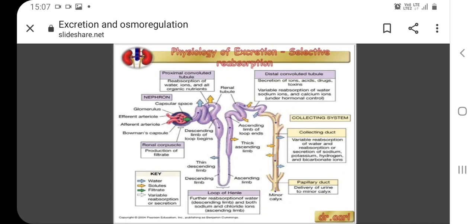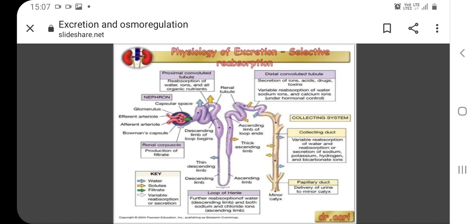The proximal convoluted tubule also adjusts the blood pH by selectively secreting ammonia into the filtrate, where it reacts with hydrogen ion to form ammonium ion. The more acidic the filtrate, the more ammonia is secreted.